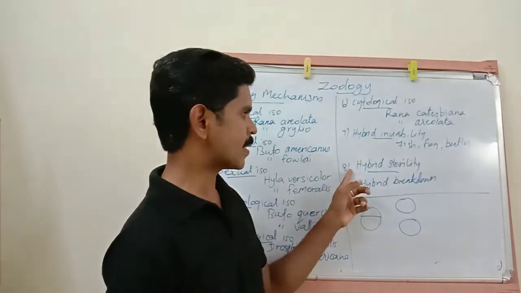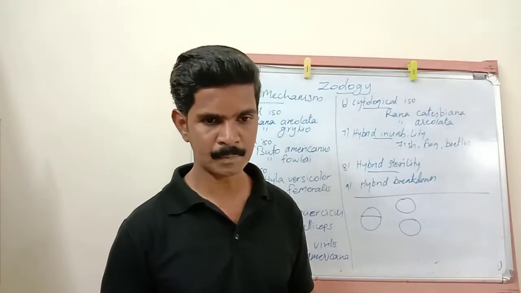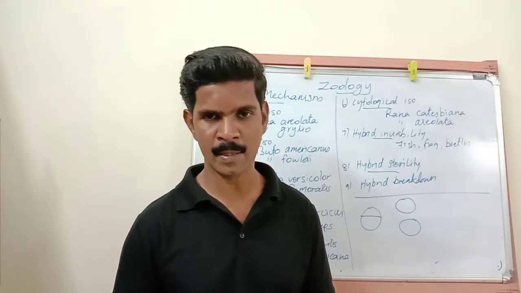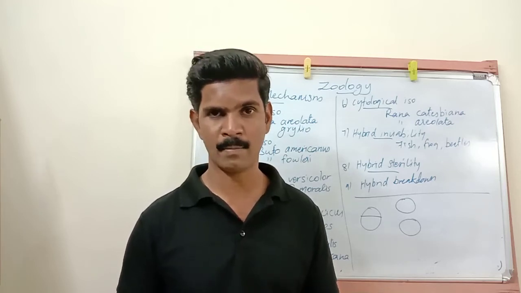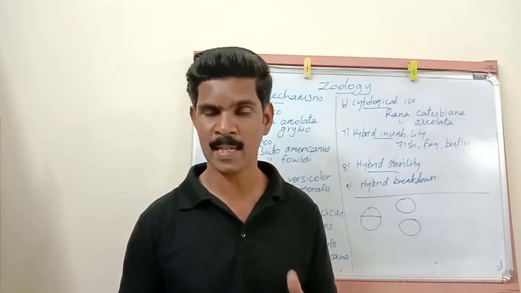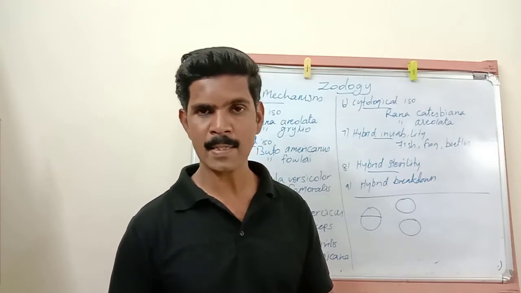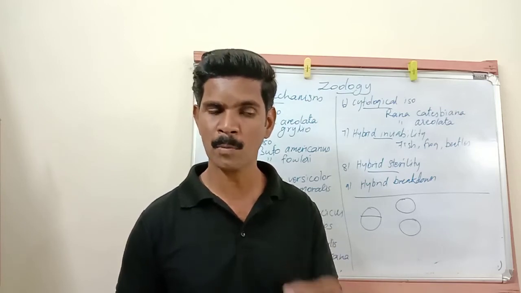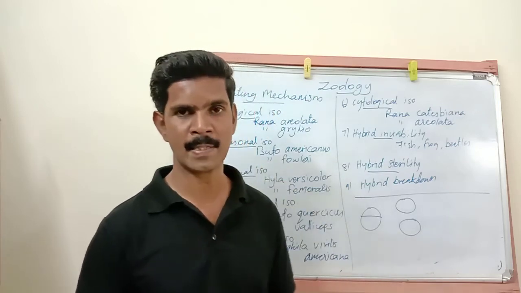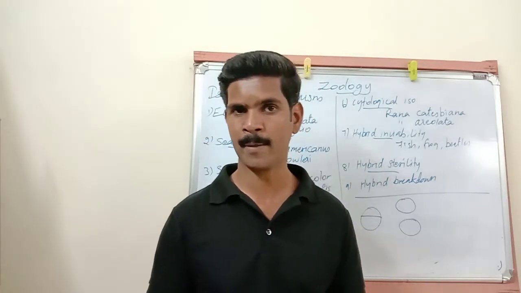Then the eighth isolation is hybrid sterility. Here hybrid sterility means a hybrid, a new variety, is formed because of reproduction, but it is sterile. This condition is due to the failure of separation of chromosomes during meiosis cell division. You all know that during meiosis the chromosomes separate in number.